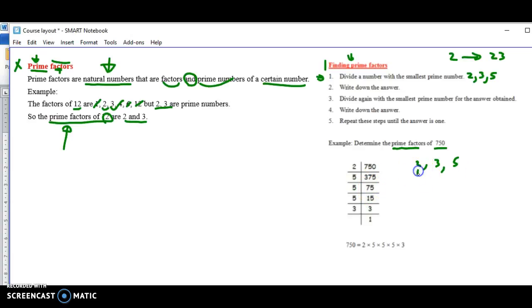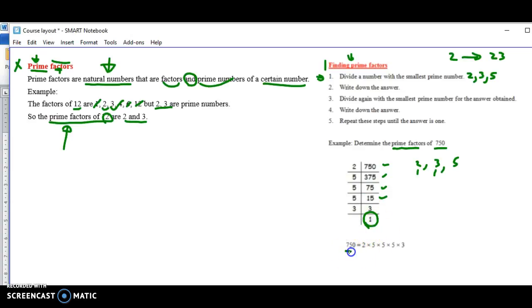Again, 2 can't go in there, 3 can't go, but 5 can go in there, and it can go in 15 times. So now we know that 5 can go into 15 3 times, and 2 can't go into 3, and so we continue until we get to 1.